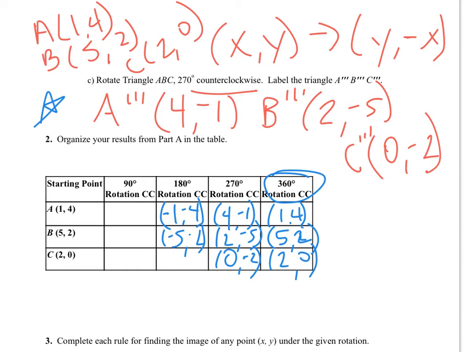And C, negative 2, 0. All right, and then the 90 degrees counterclockwise is going to be negative 4, 1, negative 2, 5, and then 0, 2. All right. Give you a minute to get caught up, and you can write those in.